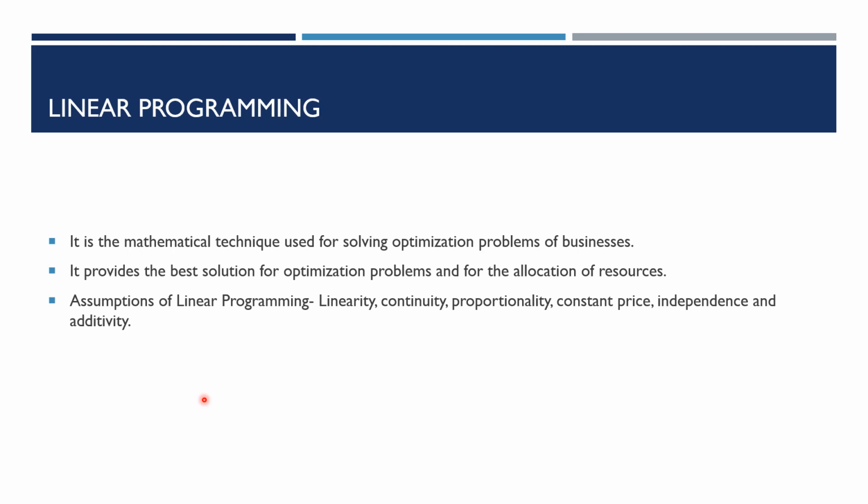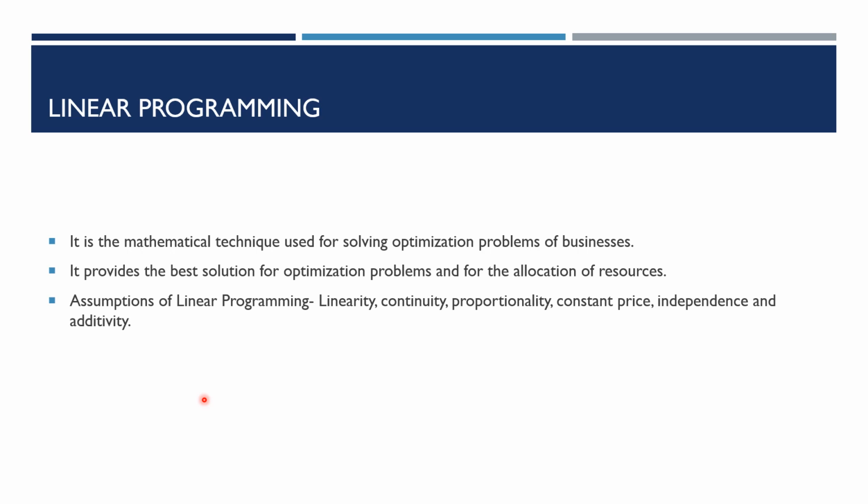If that is a raw material, then its price will be constant. And the output's price, let's say the output is electricity. If the output price is 50 rupees, that would remain 50 rupees. There is no change in the price. So the price remains constant for the inputs as well as outputs.